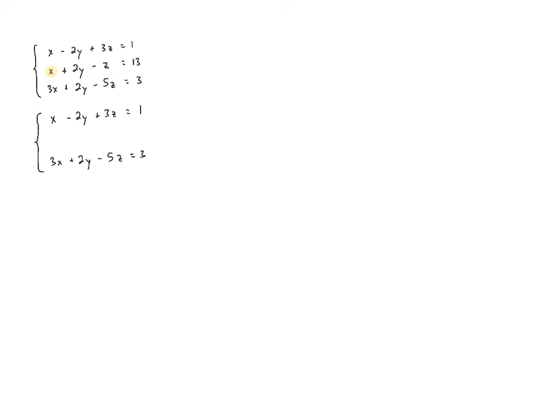So it's a little bit nicer actually to take the second equation and subtract the first equation. If we call these equation 1, equation 2, and equation 3, for the second equation, we can take equation 2 minus equation 1.